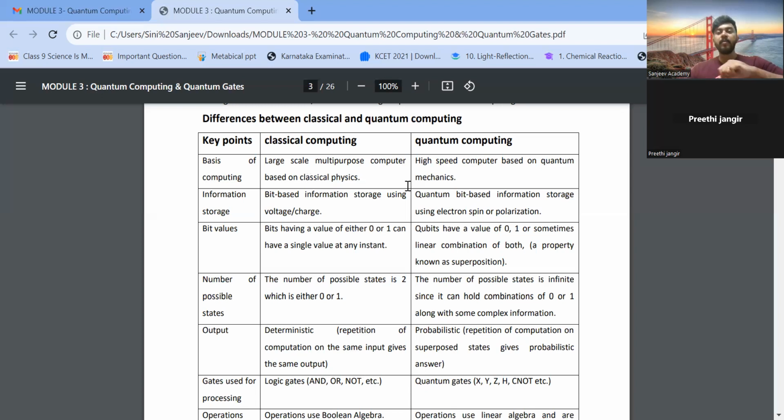And again, we all studied classical computing logic gates, AND, OR, NOT and all. But in quantum computing, we'll be studying X, Y, Z, H, and CNOT gates. Classical computing will give us the accurate value, whereas quantum computing will give us the probable value, which might be correct or might not, because it is taking very minute detail.